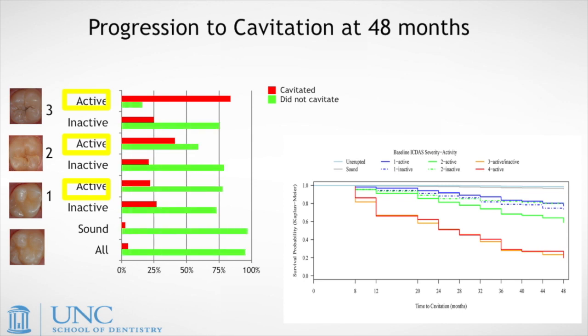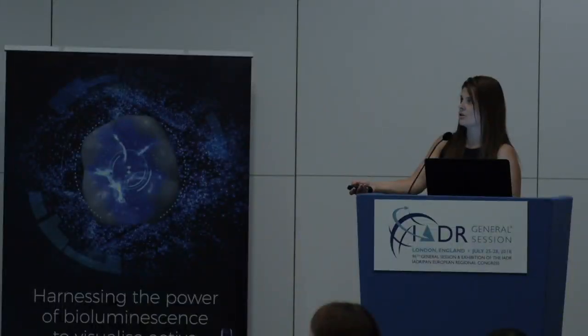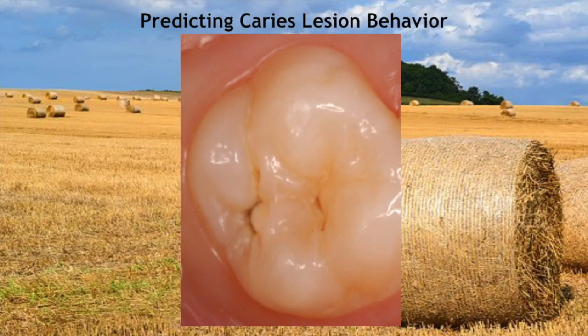So you can see, especially on the ICDAS 1 and 2, which was the very early stages of dental caries, even though we thought they were active, some of them never did progress to cavitation. And some of the lesions that we considered inactive did progress to cavitation. So our ability to determine this is still very subjective.